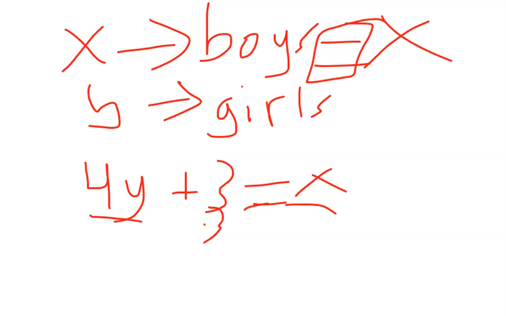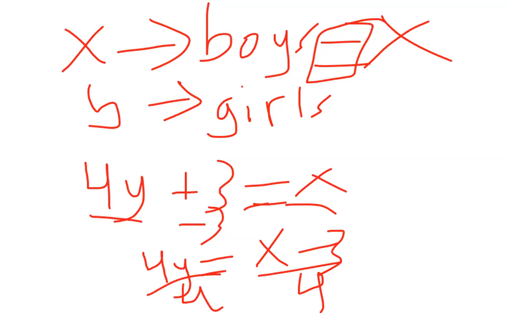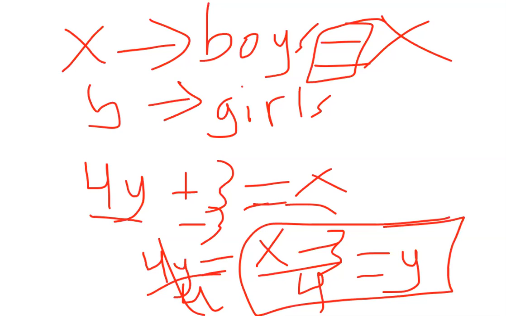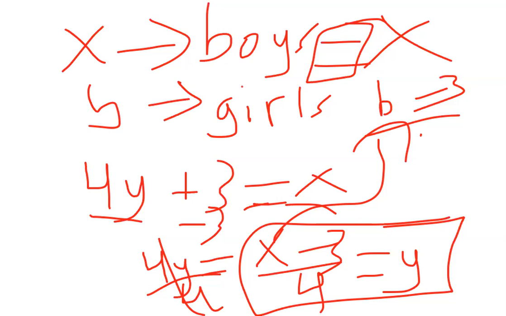So subtract 3. 4y equals x minus 3, divided by 4, and that's how many girls there are depending on the number of boys. But there's b boys, suppose, so you can just place this as b minus 3 over 4 as an answer. And you move on.